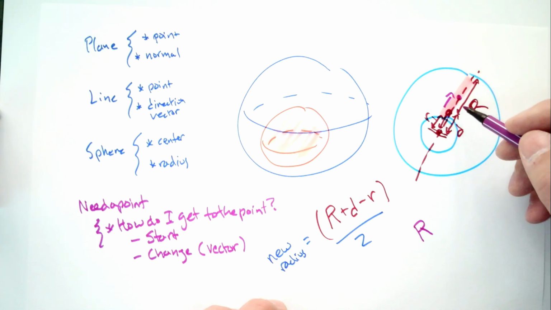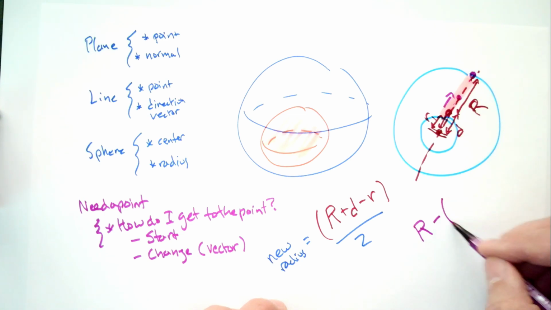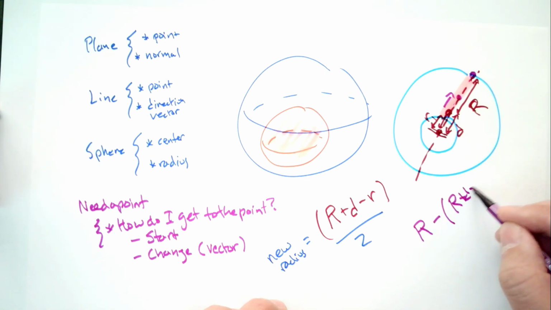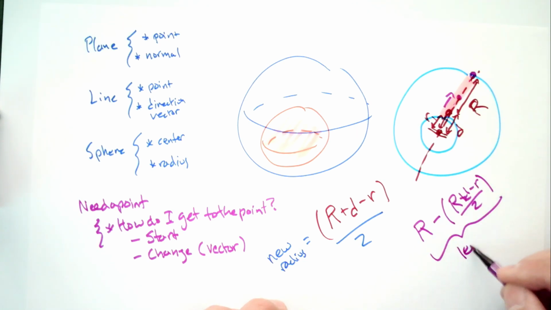Well, if I go to R, I'll be out at the edge. Then I just have to go halfway back. So that's (R minus r plus d) over 2. This is the length I have to move, and I can figure out the direction because it's opposite the other center. And then I put things together.